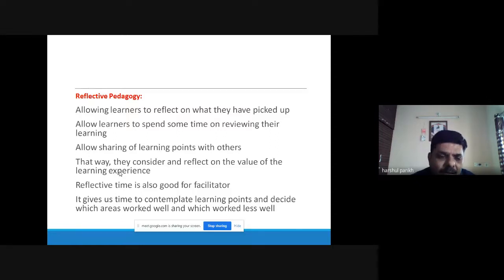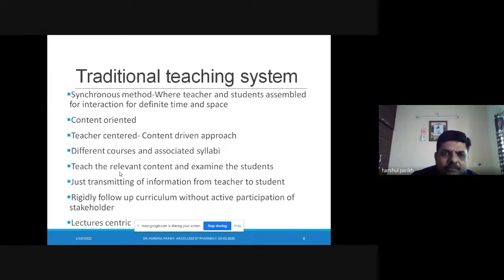And we can decide which areas we have worked well, which areas need improvement, and which have been worked on very little. So reflective pedagogy is not only helping the student, but the facilitator also gains from it.